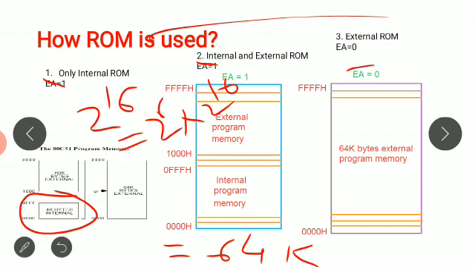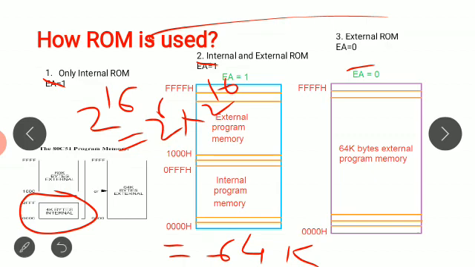So you must be wondering why there is a need to use only the external ROM. At times when you want to upgrade the system, you want to discard whatever there is in the internal ROM. You do not want it. And definitely you cannot erase it. So just don't bother about it. You can connect externally 64 kilobytes of ROM and program it and use it as per the demand of the application.